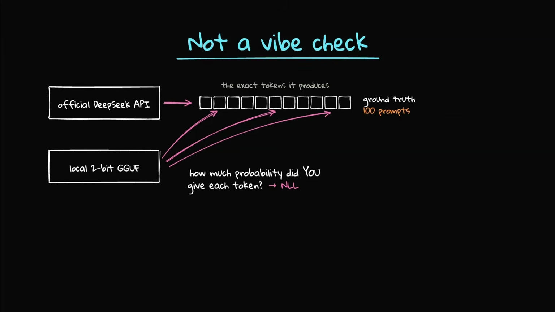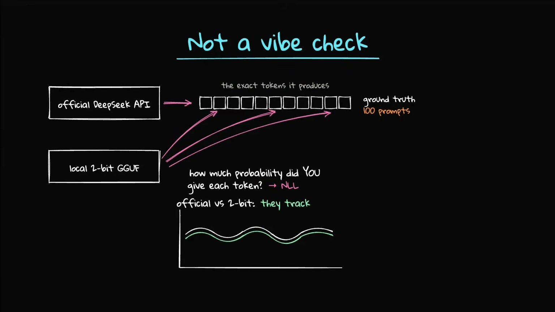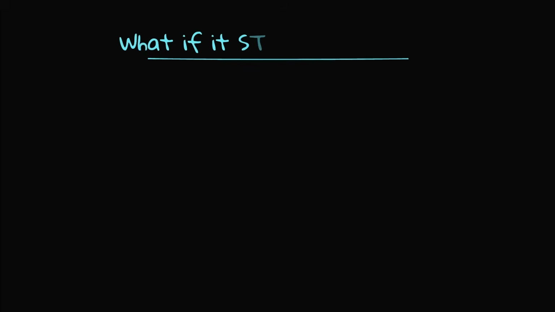Because we have access to those probabilities, that's basically the negative log likelihood, measured token by token, of drift. And if the quants were damaged, the two curves would split apart, but in their case, they actually track pretty closely.